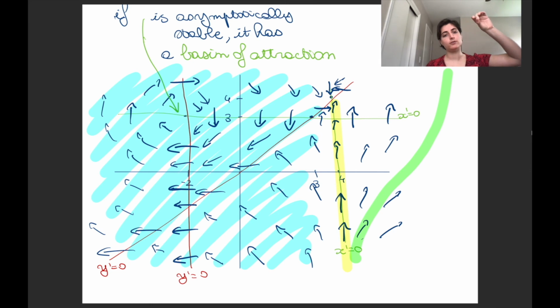For example, if at this point that is -2, 3, we have an equilibrium, a critical point. If this critical point is asymptotically stable, which I haven't really proven, I'm just telling you that it is, then it has a basin of attraction. A basin of attraction is the set of all the points that over time are going to move towards it.